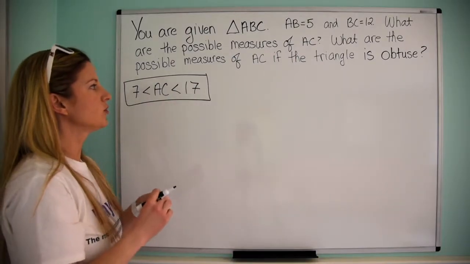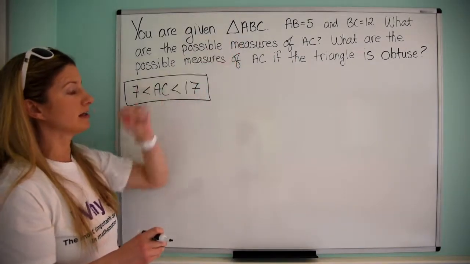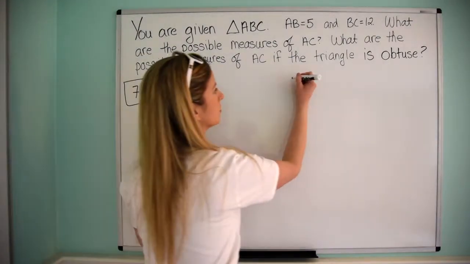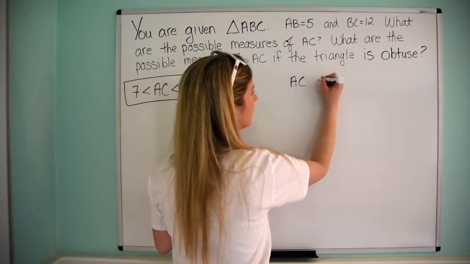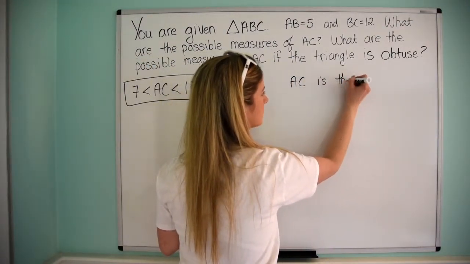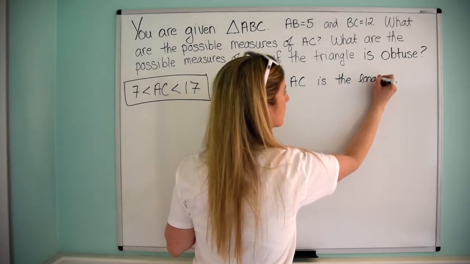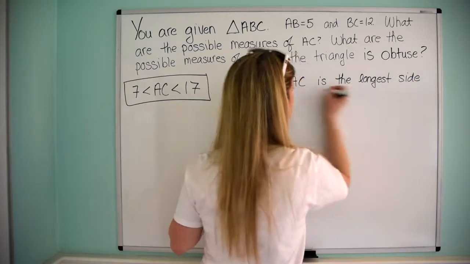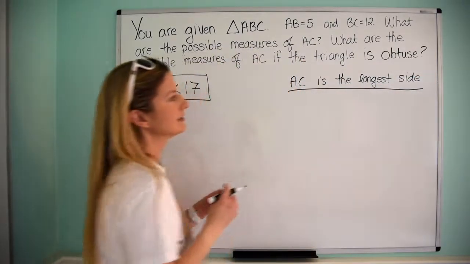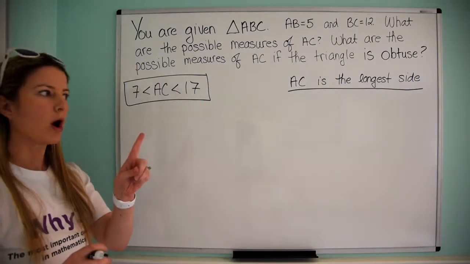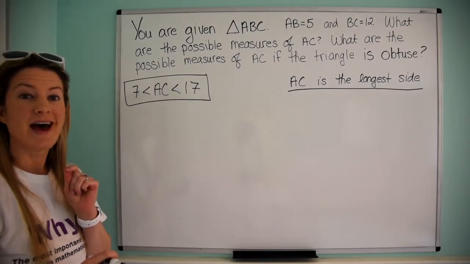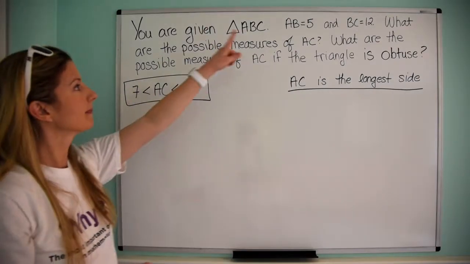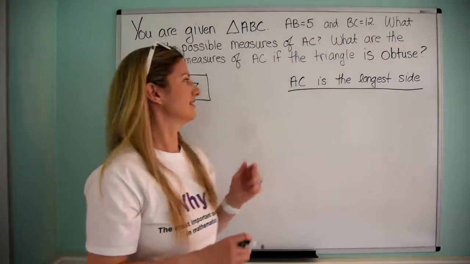So now we have two options. AC can be the longest side, so we'll write: AC is the longest side. Or our other option is that BC is the longest side.